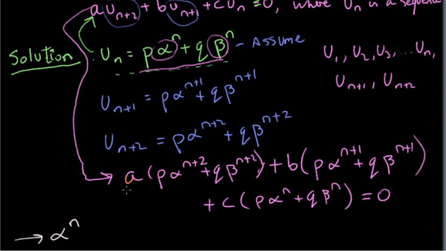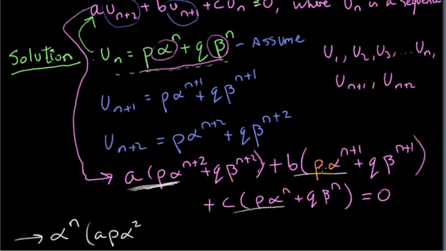I'm going to factorize that out of here, here, and here. That's where it appears. So if I factorize alpha to the power of n out, what am I left with? Well, I'm going to be left with a times p times alpha squared. Now you can check this yourself. If we multiply alpha to the power of n by alpha squared, we just add the powers, n plus 2, and we get this term here, which is what we want.